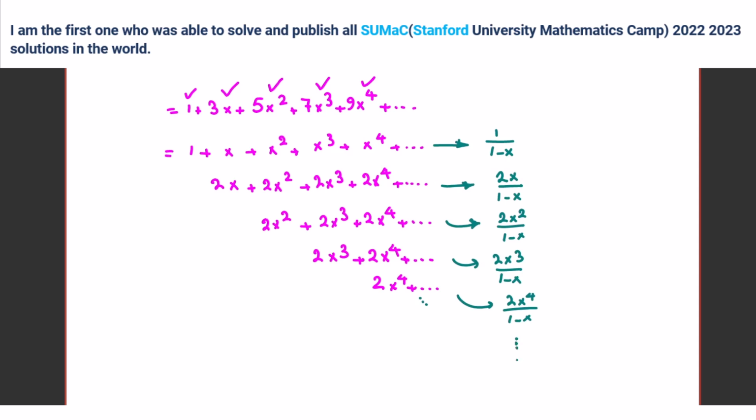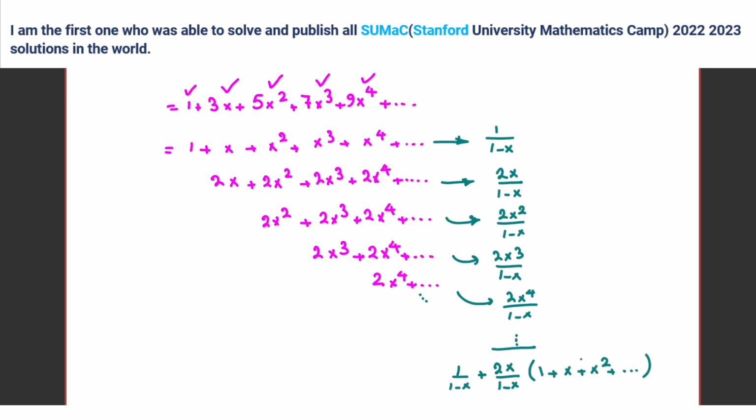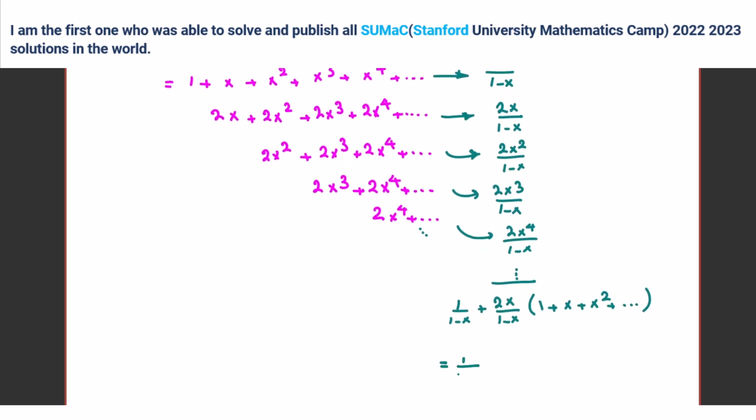And if you add all these terms, it will be what? We can factor out 1 over 1 minus x, right? Because all of them have 2, let's separate this one, plus 2x over 1 minus x times 1 plus x plus x squared, and so on, right? So it will be 1 over 1 minus x plus this one is what? 1 over 1 minus x.